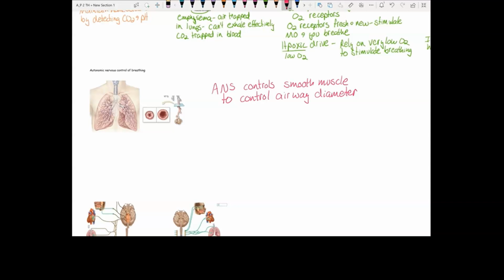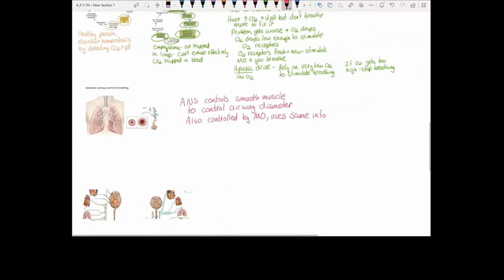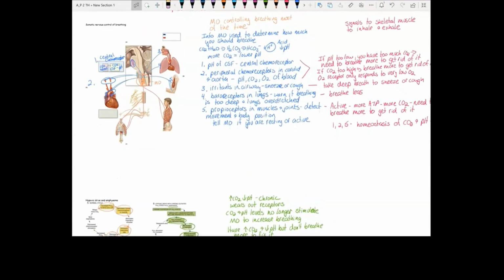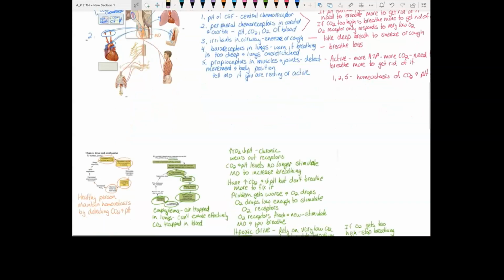And it's also controlled by the medulla oblongata. And it uses the same information. So all the stuff we have back up here in blue, the information, you're going to use that same information. So we don't have to go through that again. Just review that blue part with the information you're using.